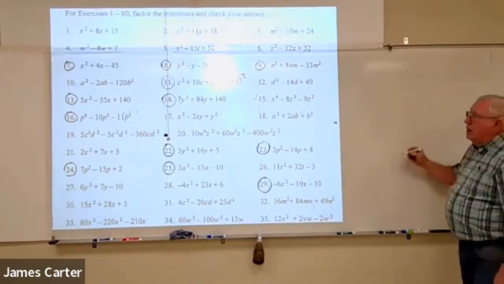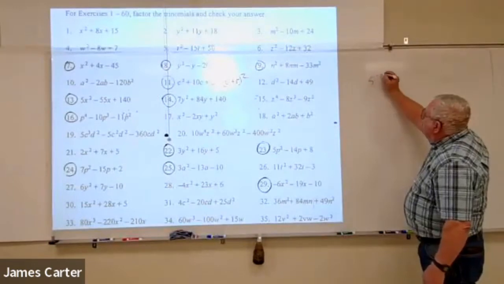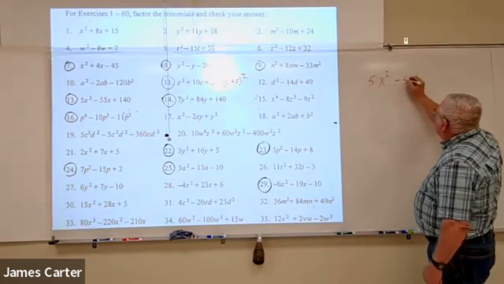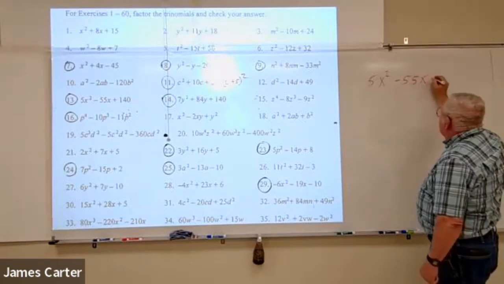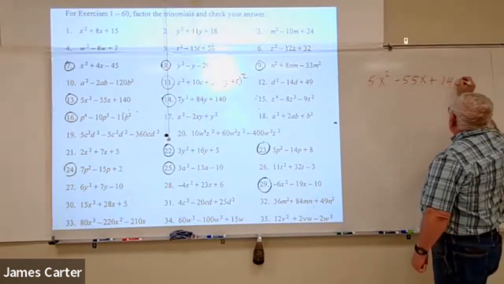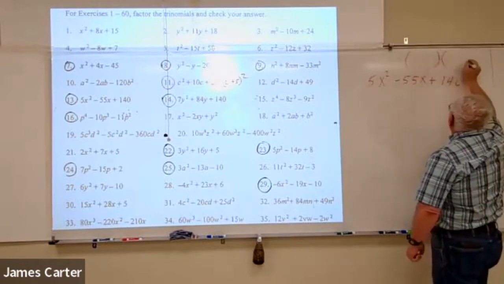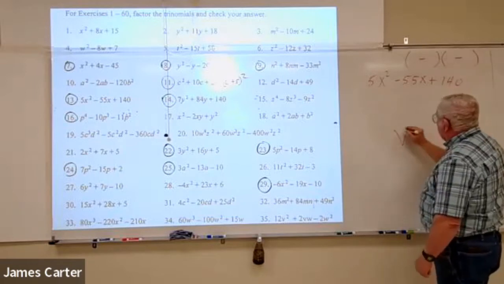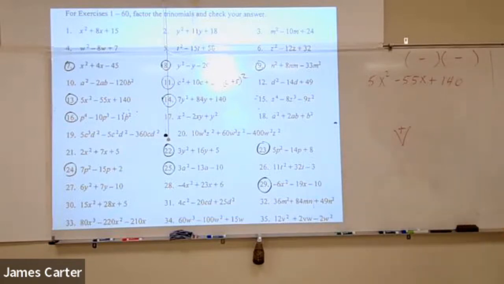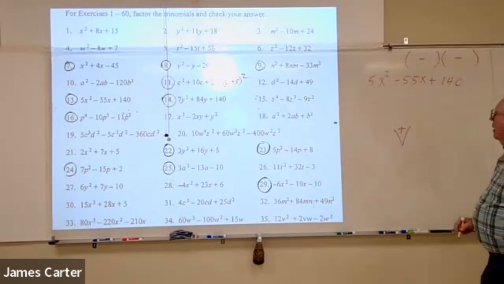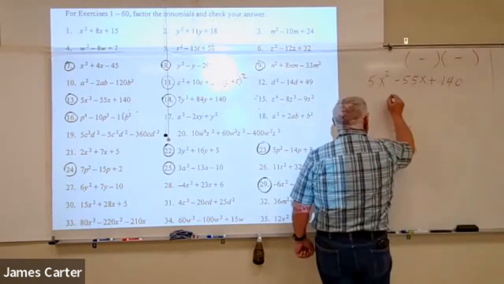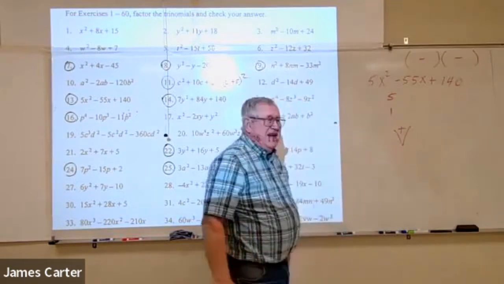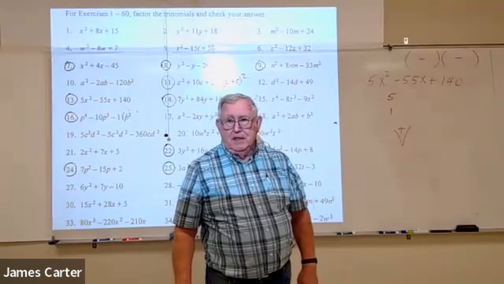All right, so 5x squared minus 55x plus 140. My answer will look like minus, minus. Down here, I'm going to add. Well, my only possibilities on the front end are 5 and 1. Back end, I got a huge amount of possibilities.